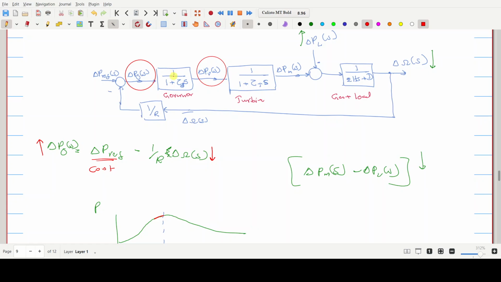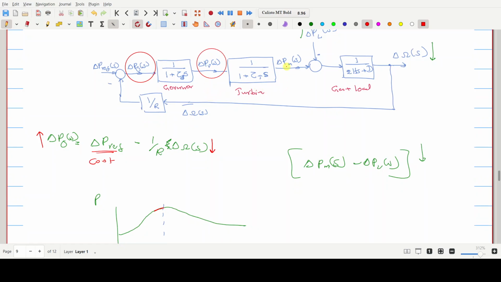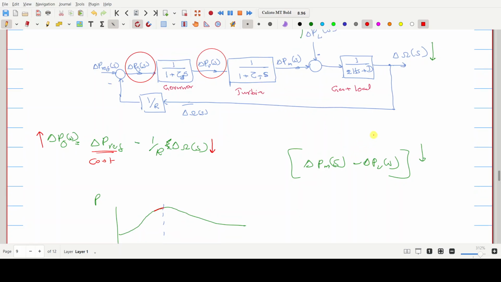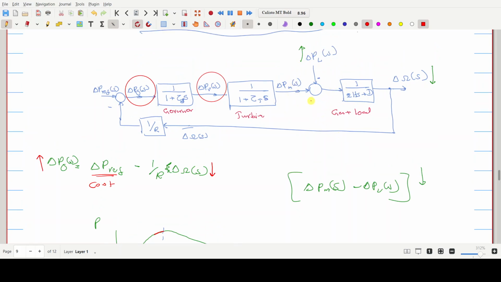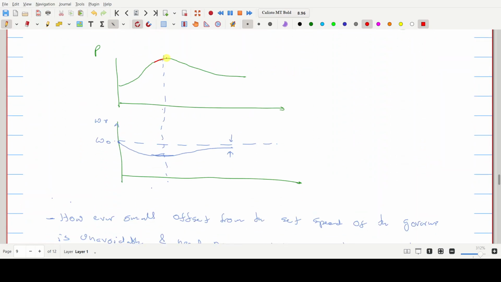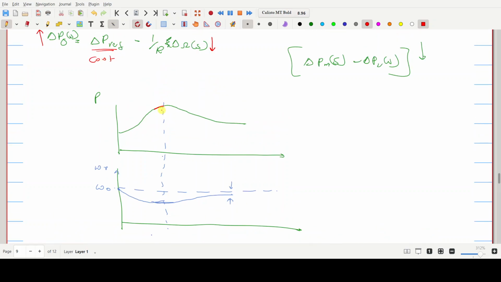So it opens the valve and increases the amount of mechanical power going into the generator, bringing down the difference between the mechanical power and the load. So then the difference will go down, and when it goes down, the speed will increase and try to come back to the nominal value, right?